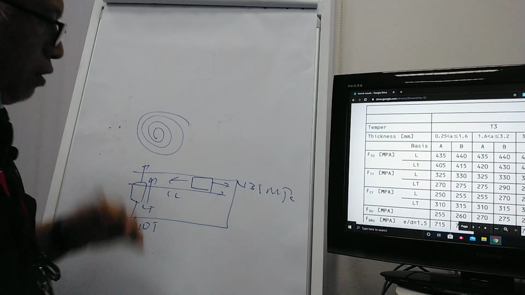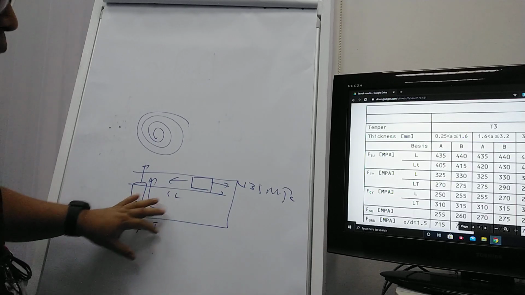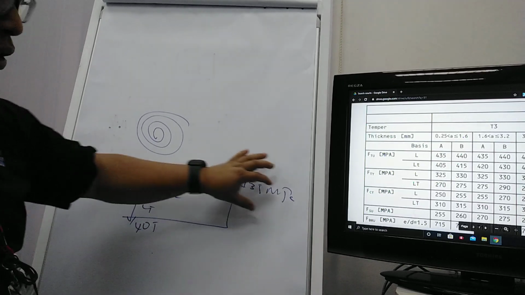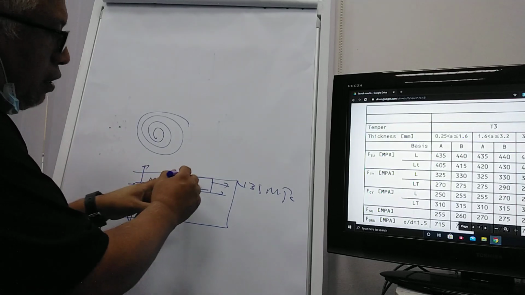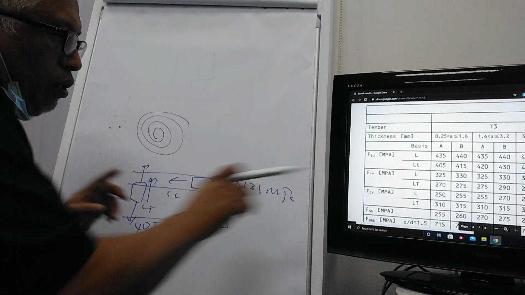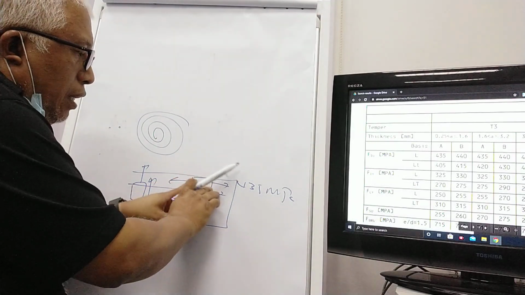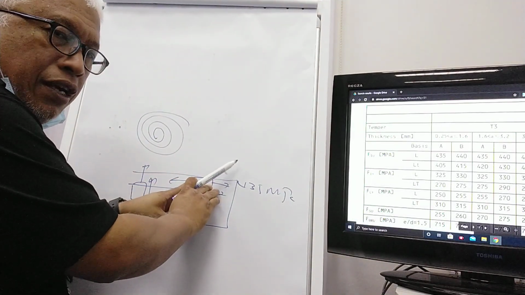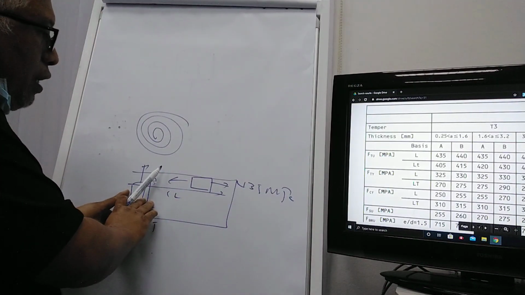So you see the difference is a huge difference. If you want to use this value, you have to make sure you ask the mechanic to cut the doubler. If you want to apply tension load on a doubler, you have to cut it in the LT direction. You have to be very specific, or else we do not know whether maybe they cut it into the LT.